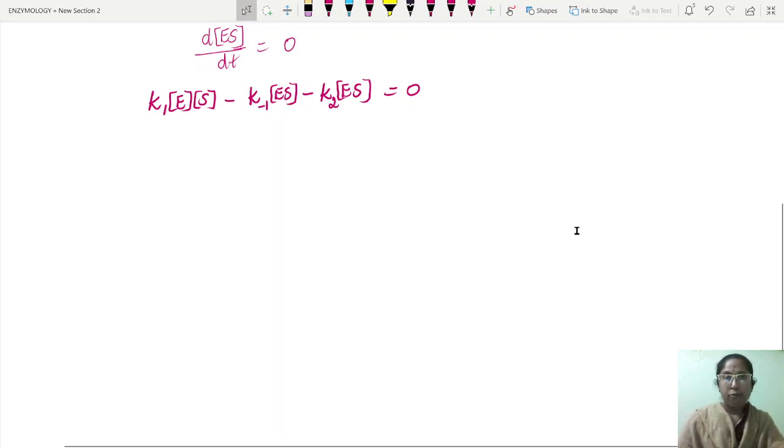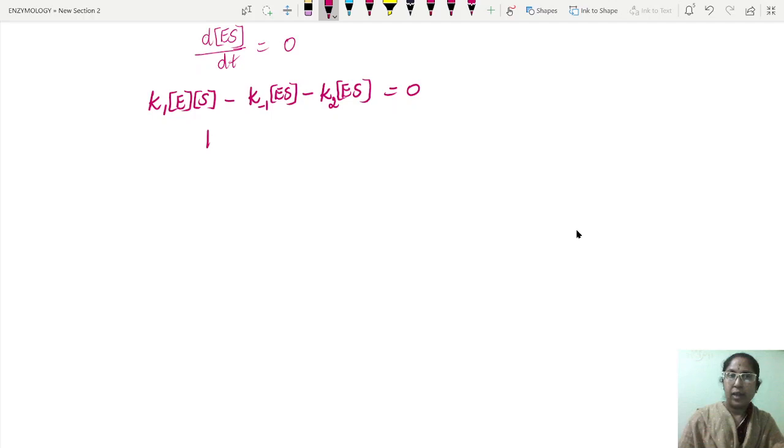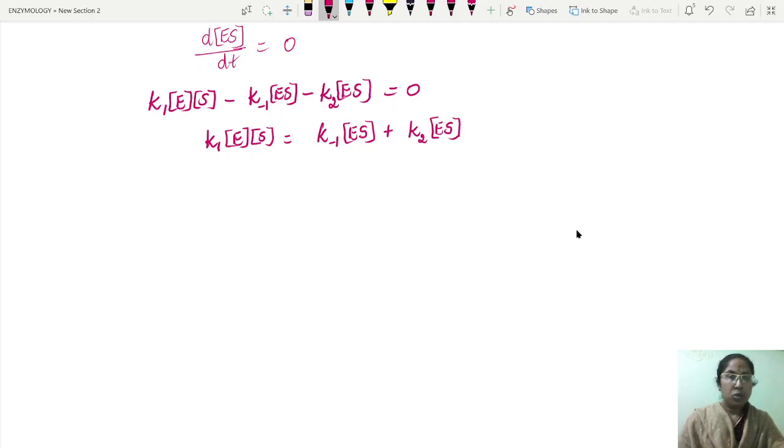Okay. So, if we simplify this one, we are going to have k1 into E into S is equal to k-1 into ES plus k2 into ES. So therefore, if we take the enzyme substrate complex as the common factor, ES complex into (k-1 plus k2).